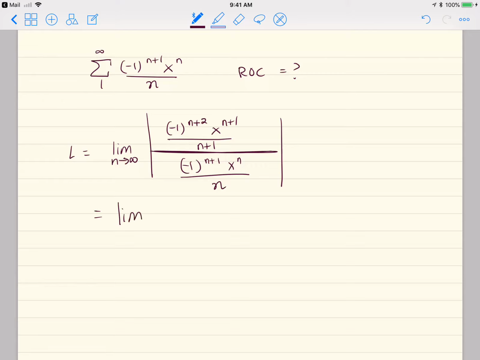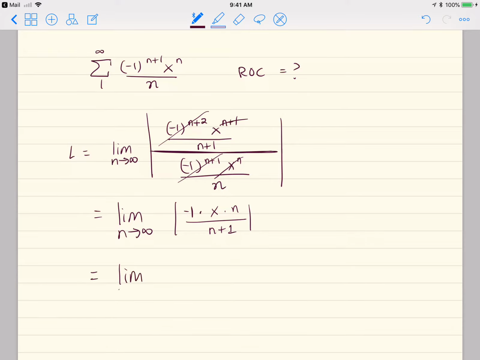This is equal to the limit as n goes to infinity. Now the negatives will cancel out because we're taking the absolute value. So we'll just have negative 1, and then the x to the n and the x to the n plus 1 will cancel out, so we'll have negative 1 times x. The n will flip over n plus 1, absolute value.